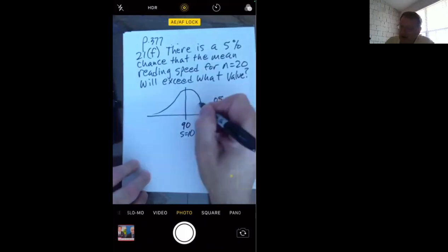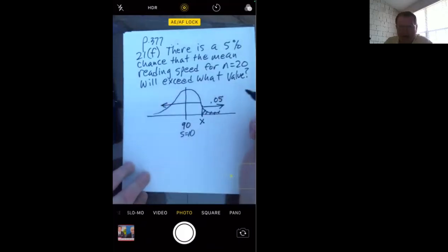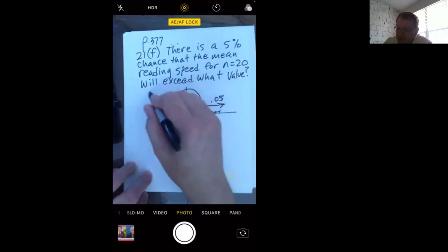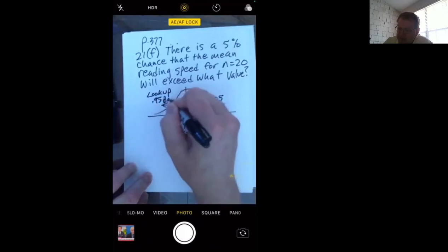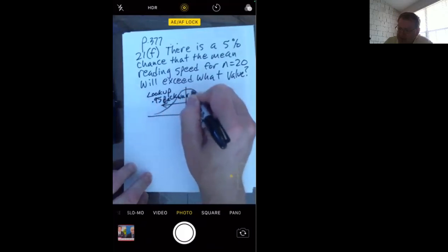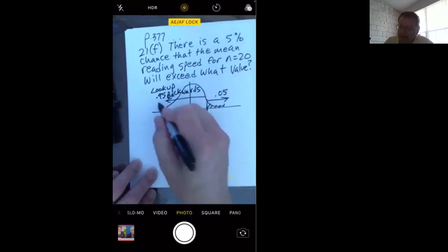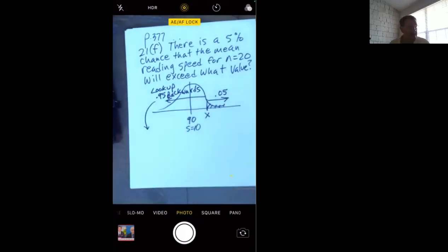If you remember chapter 7, backwards problems, you're going to have to look up 0.95 backwards. We come down here and look up 0.95 backwards. I see a 0.9505.